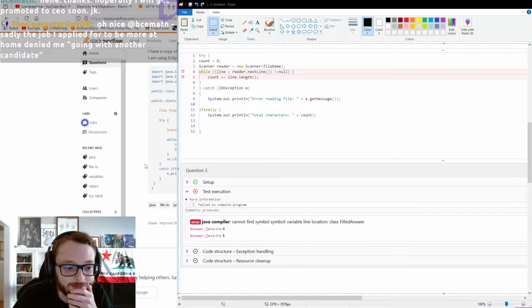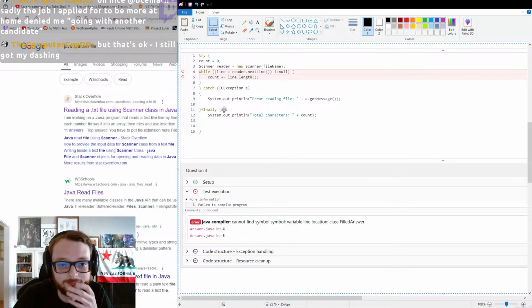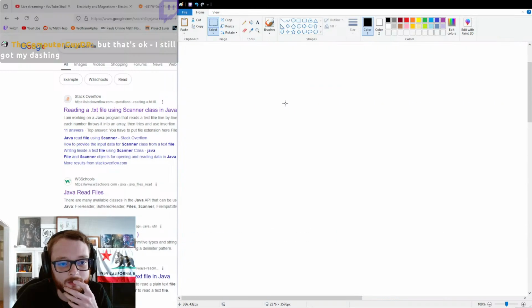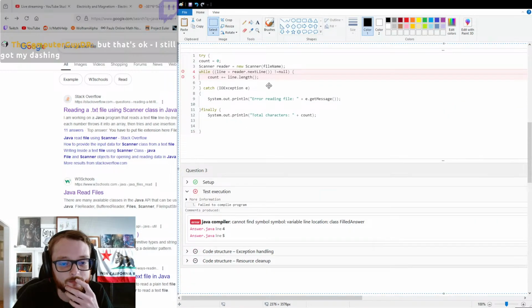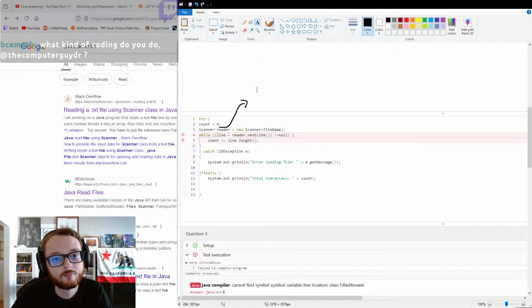So got my dashing. Nice. Oh, it needs a file, not a string. No line there.